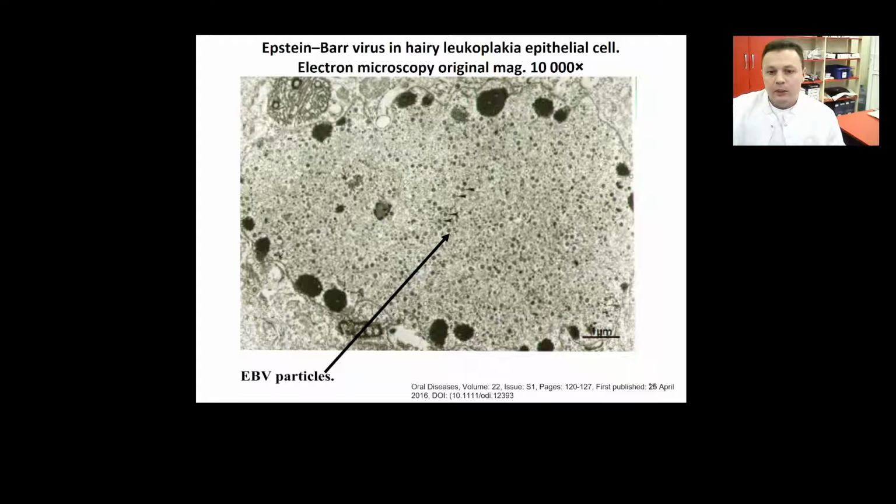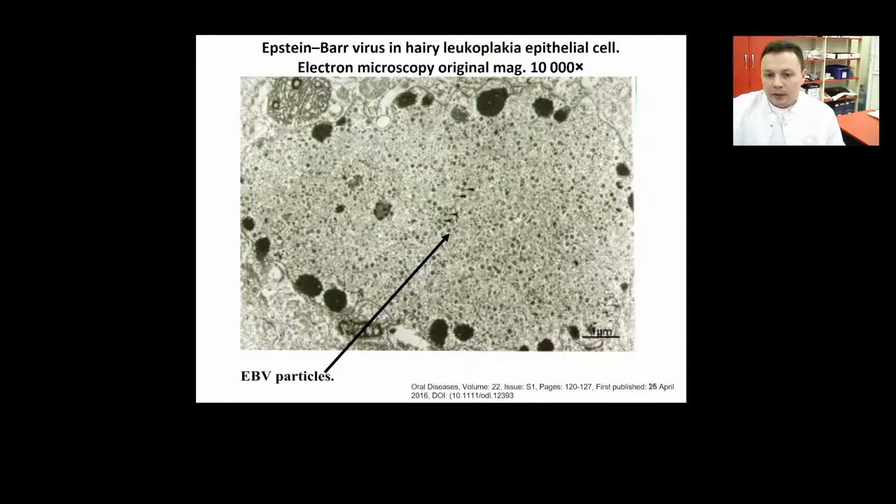Definitive diagnosis of HL involves demonstration of EBV using electron microscopy, immunohistochemistry, or molecular biology methods such as in situ hybridization. The lesions' EBV replication has focused attention on the role of epithelium in EBV biology.